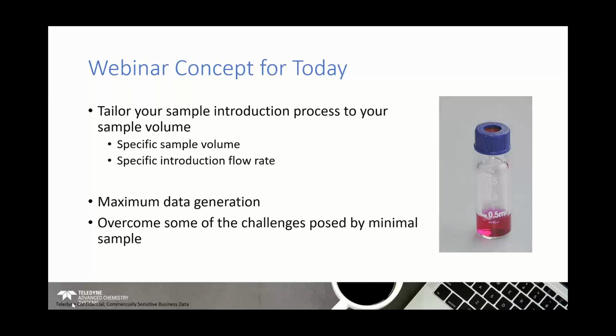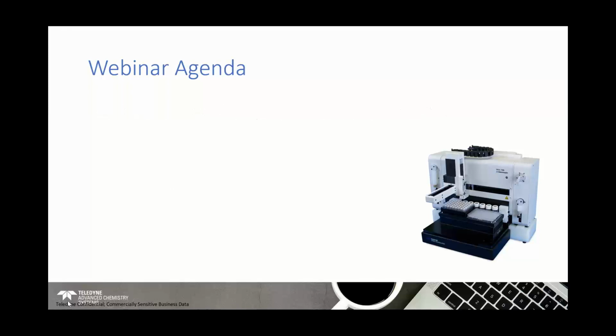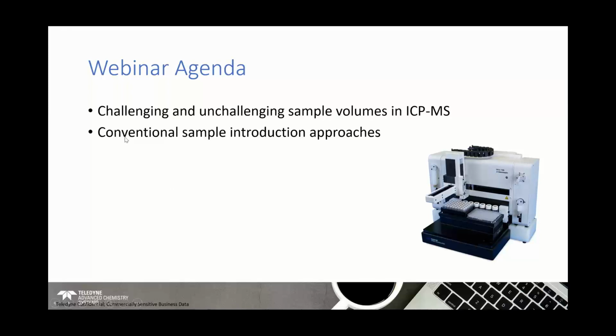So the agenda for today, I just wanted to walk through these items. First of all, the idea of challenging and unchallenging sample volumes in ICPMS, i.e. high and low. Then, briefly, the conventional sample introduction approaches, which will be common to a lot of ICPMS instrumentation and laboratories.